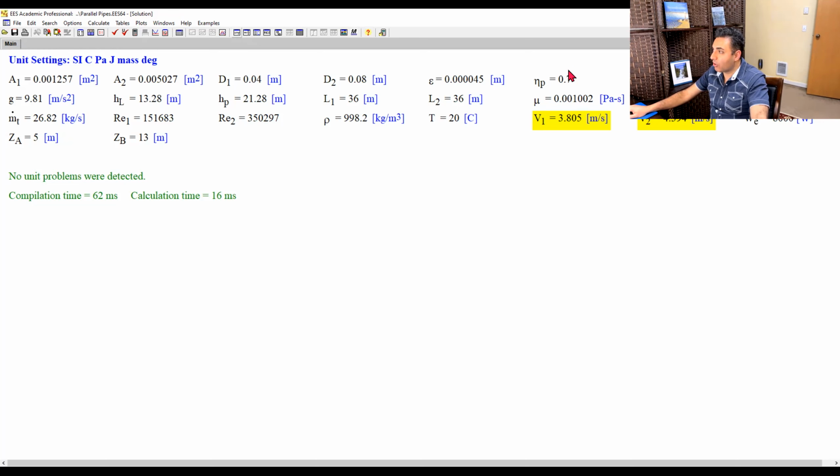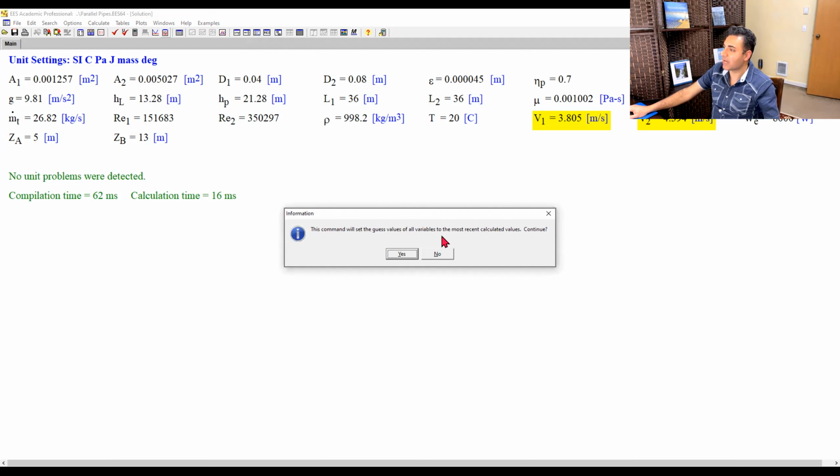Now that I have all these numbers, now I know where the actual Reynolds number could be, like around 150,000, 160,000, who knows, right? But I'm going to do this technique. Look at this button, G, update guesses. When you push this button in EES, it says this command will set the guess values of all the variables, the most recent calculated values. Continue, yes.